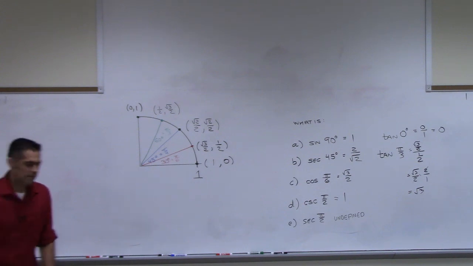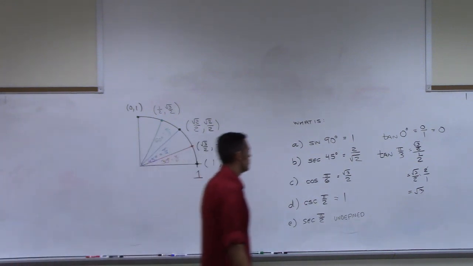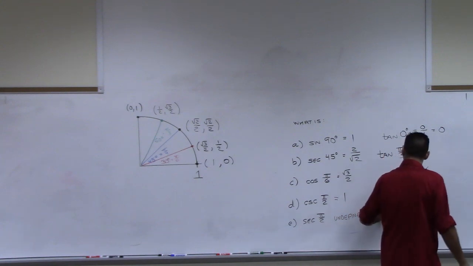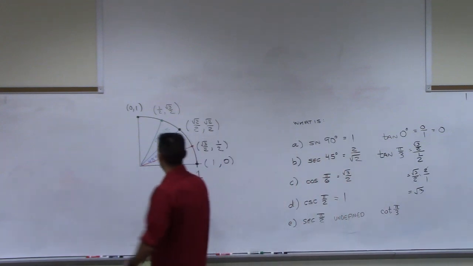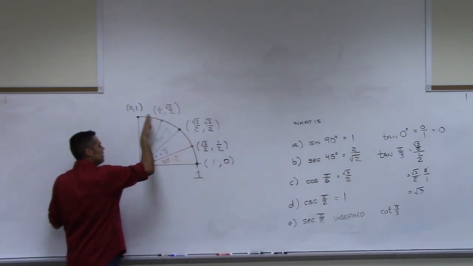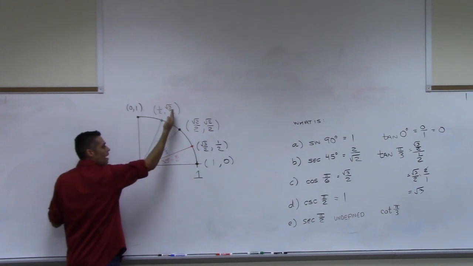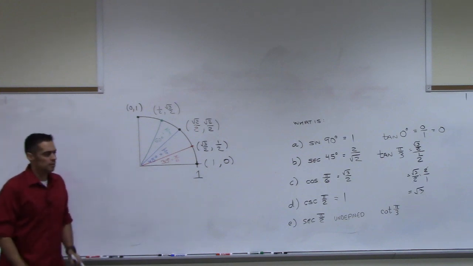It's all right? What's cotangent of pi over 3? So we go to pi over 3, and instead of y over x, I'm doing x over y. So I'm doing 1/2 over that, root 3 over 2.